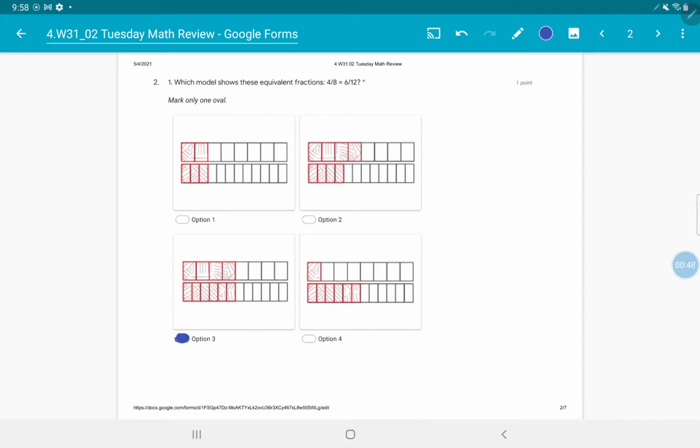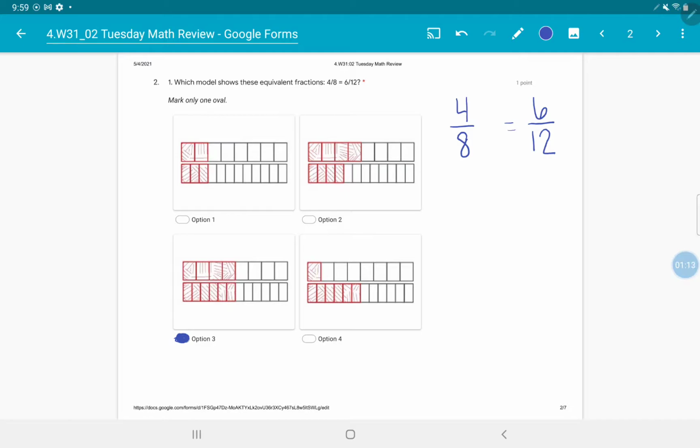So on the question that you had, we were showing 4/8 is equal to 6/12. Can you come up with another fraction that would be equivalent to 4/8 and 6/12? What else do you notice?